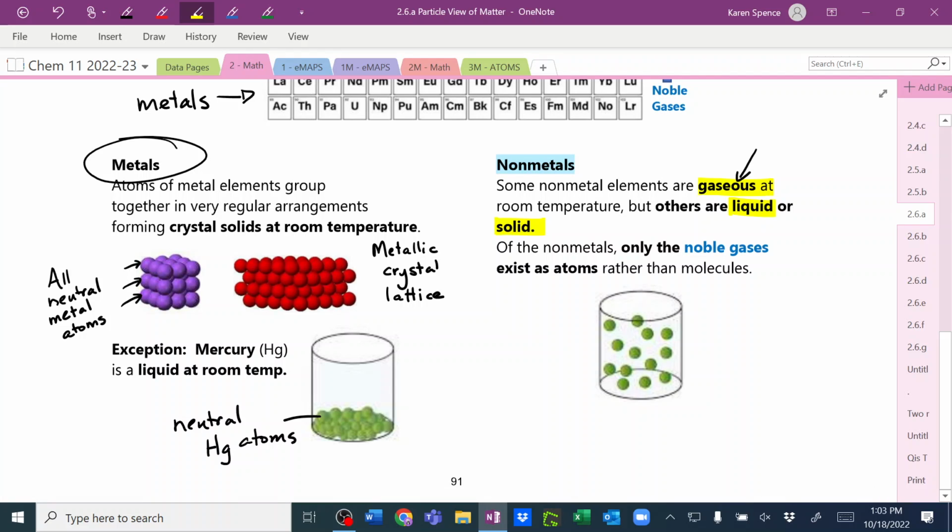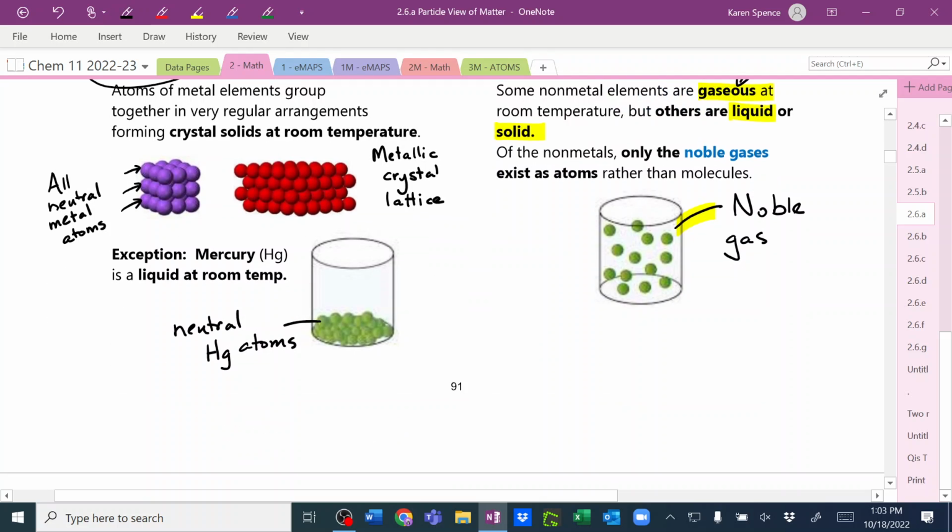Metals all pretty much look like this, yeah? But non-metals, this would be an example of a noble gas, okay? Where we have individual atoms.